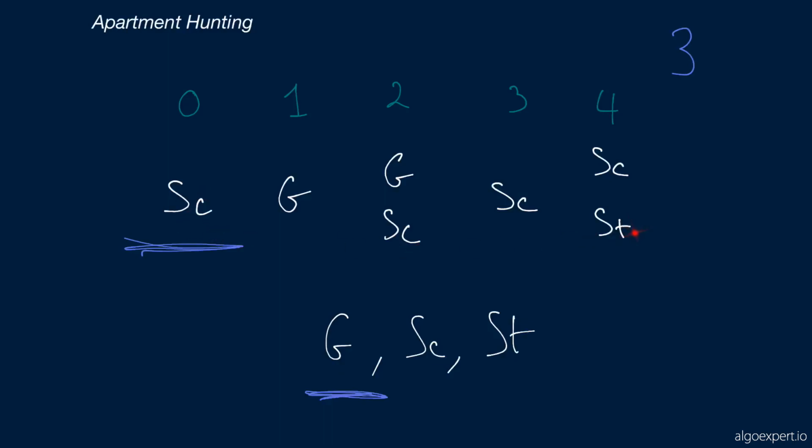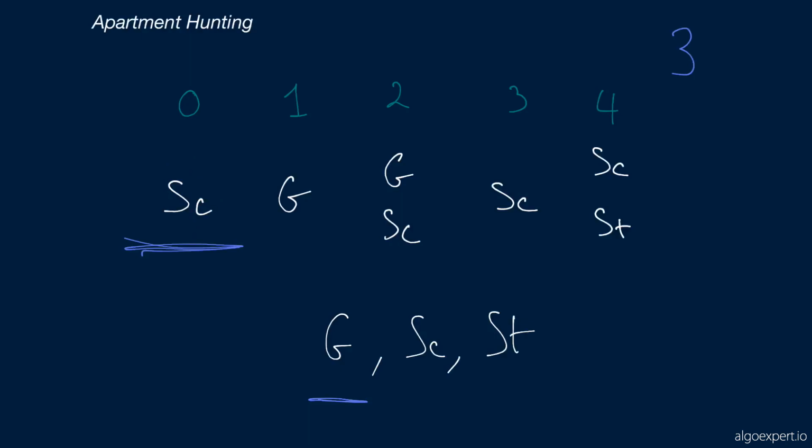So I'll just repeat that one more time. You iterate through all the blocks. At each block, you say, okay, I'm going to go through all of my requirements. And for all of the requirements, I'm going to reiterate through all the blocks to see where the closest one to me is, right? So for example, here we start at index 0, and we iterate through all the requirements, starting at gym, and we say, how far away is the closest gym from index 0?